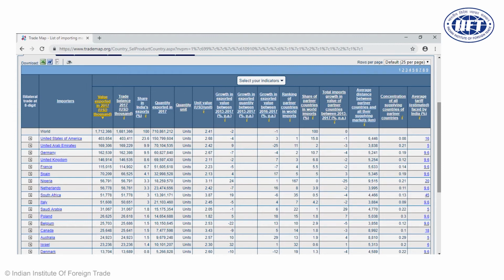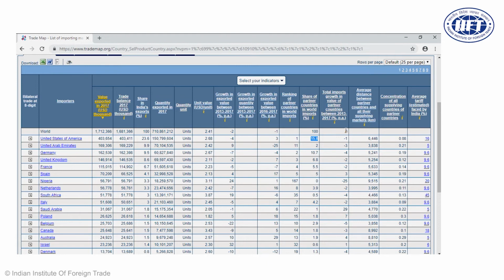Now, we look at 4 outputs in particular. The first output we are going to look at is the share of a country in India's export. If the share is relatively high, in that case, Indian exports can reach the market with relative ease. We should take care of that. If we look at the share of the partner countries in world import, that means the country is actually having a relatively high demand in the category.